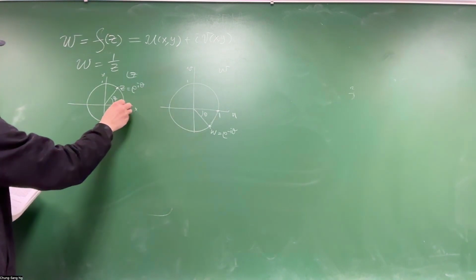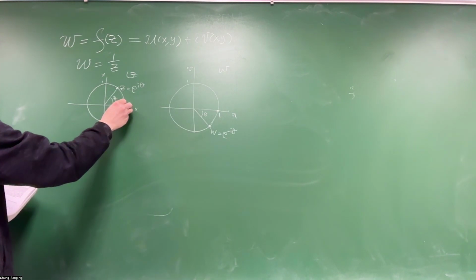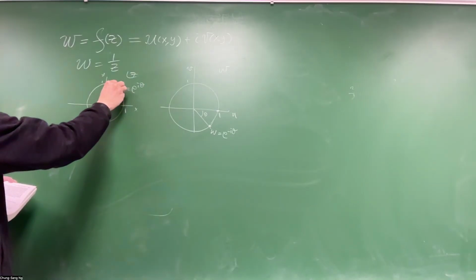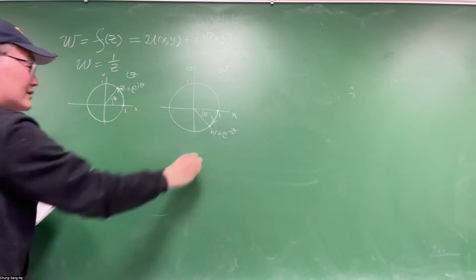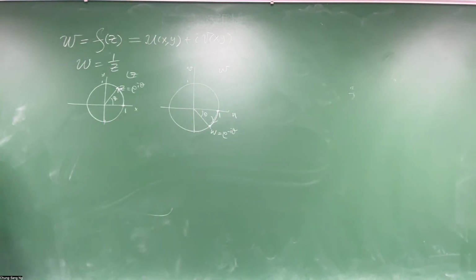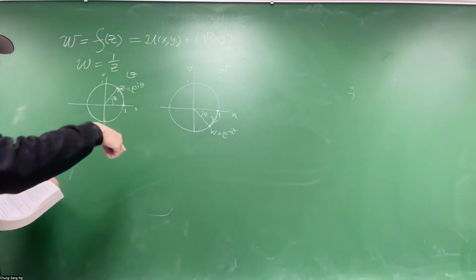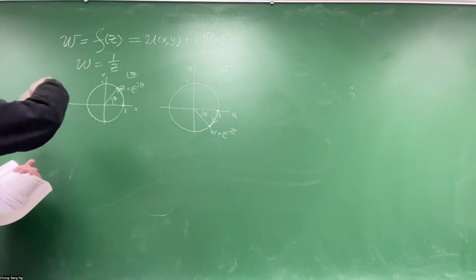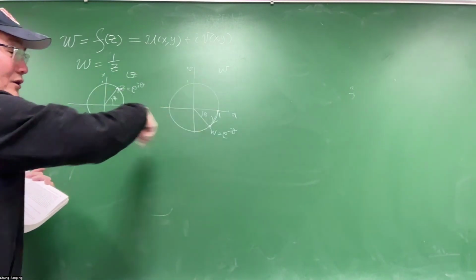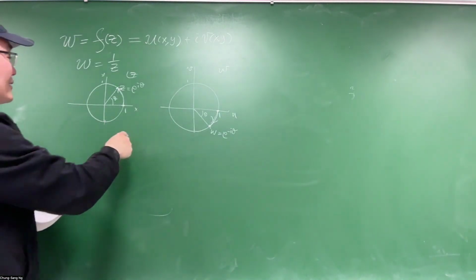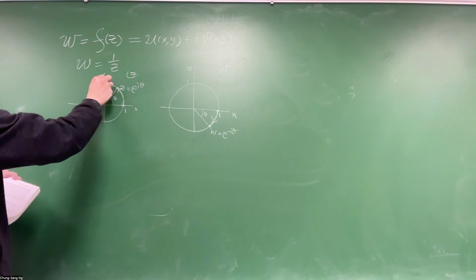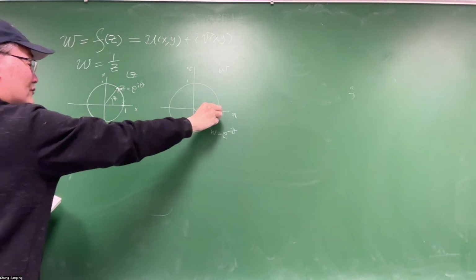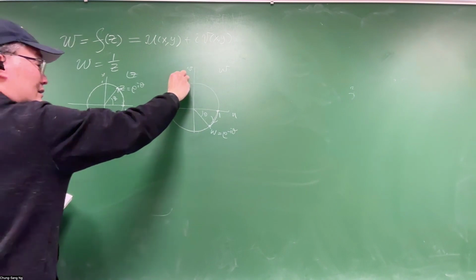So as you go from one to Z along theta, this portion of the line will go in the other direction. So this is like reversing the order. One is counterclockwise, you map to a clockwise direction. So you start from one, increasing along this circle, and in W you start from one, going clockwise.